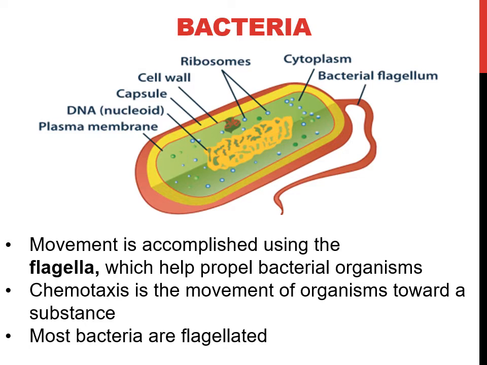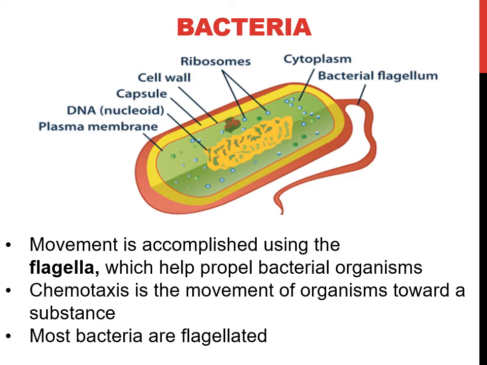Okay, so the movement is from the flagella or the flagellum, depending if it's singular or plural. What's chemotaxis? Well, chemotaxis is the term that we use for movement of organisms towards a substance. So there's some kind of a substance in, say, the tissue fluid, so a chemical.